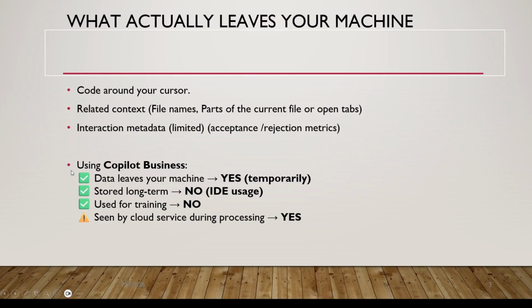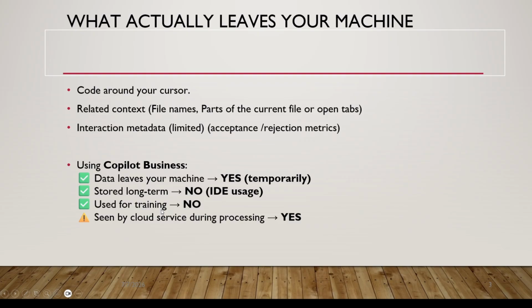Whenever we use GitHub Copilot Business, does some data leave our machine? Yes, it temporarily leaves our machine. Is it stored long term? No, GitHub doesn't store our data long term. It discards it after suggestions are generated. And one more question people often have: is it used for training?